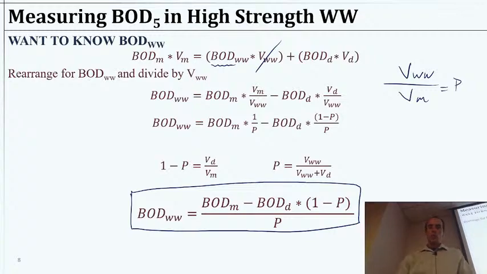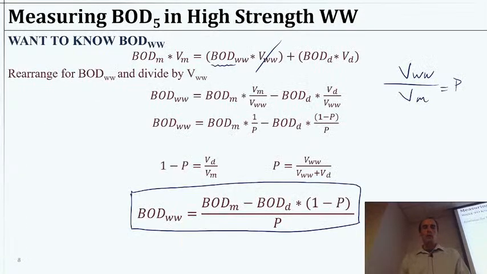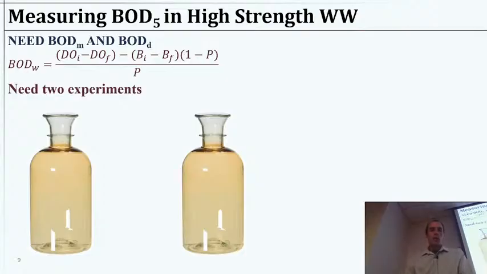All right, so when we perform these two experiments to get the information, what we're going to do is take this and put DO initial and final measurements for each bottle. And that means we need probably 2 separate terms for initial and final. We're going to call those DO initial and final for the mixture experiment, and BI and BF for the dilution experiment.